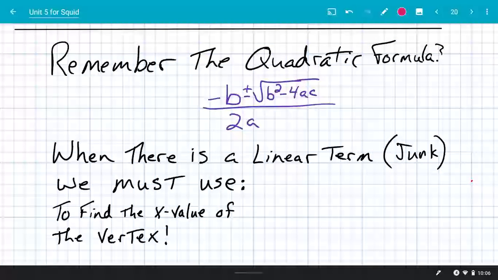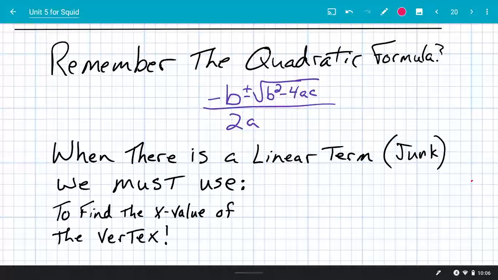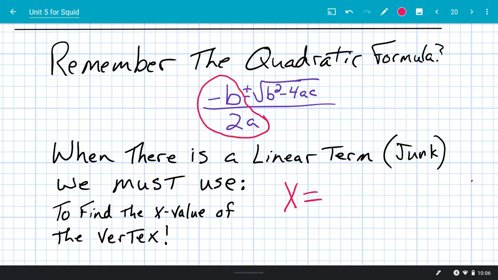Now, I bring this up and make you remember this because there's part of this quadratic formula we're going to need in order to graph a quadratic that has a linear term. So, here it is. It's this very beginning part of the quadratic formula. When there's a linear term, or the junk, we must use this formula: x equals negative b over 2a.